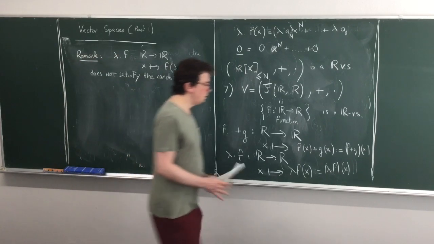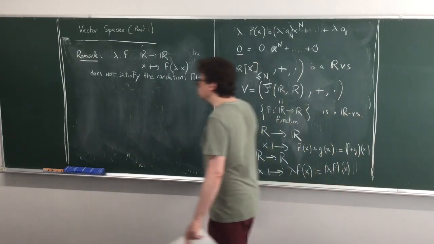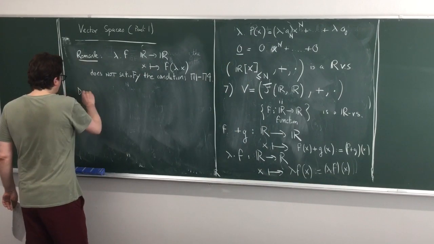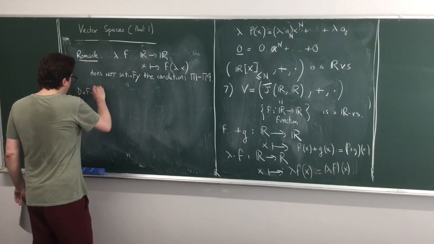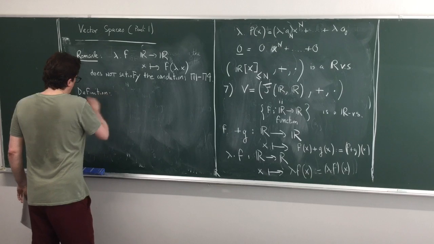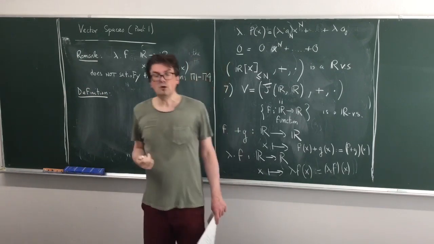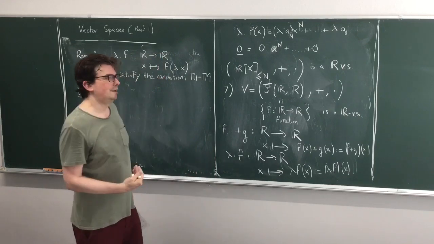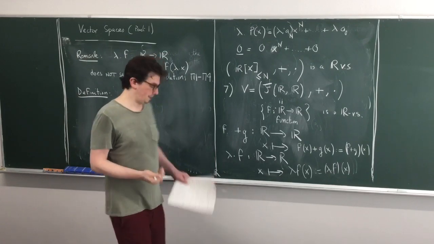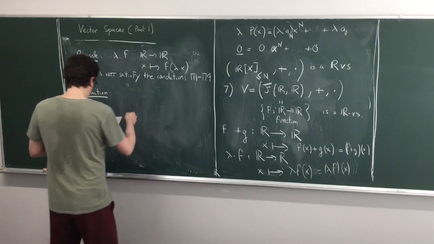So let me give the following definition. We are going to define something that is smaller than a vector space, but has kind of the same properties. It will be called a subspace.